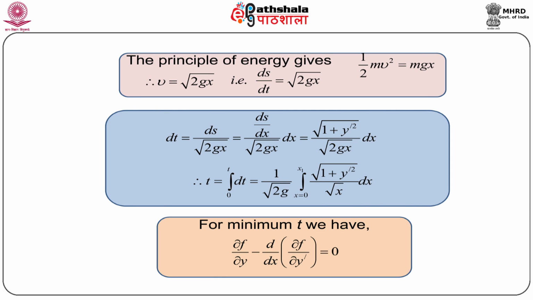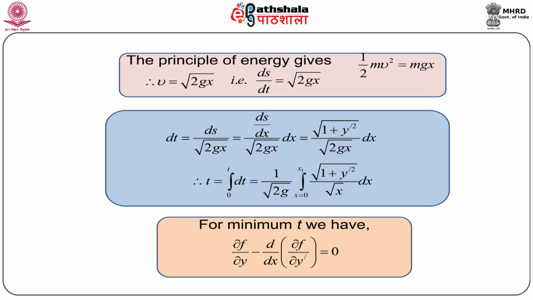By the principle of energy, we have kinetic energy, which is half m v square, equal to potential energy, which is given by m g x, where g is the acceleration due to gravity and x is the displacement.